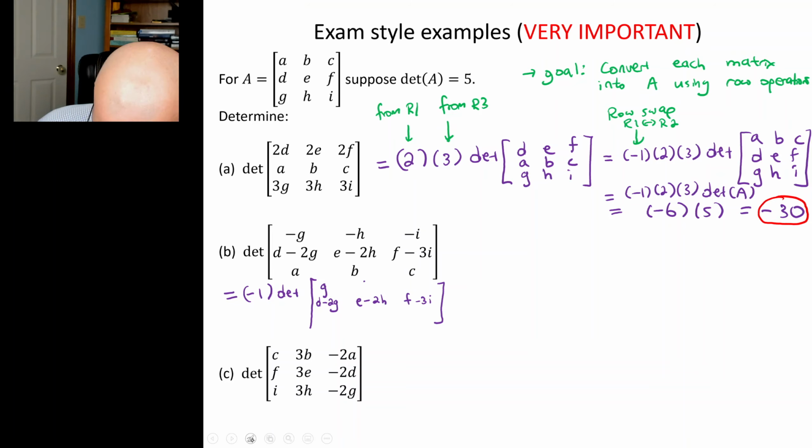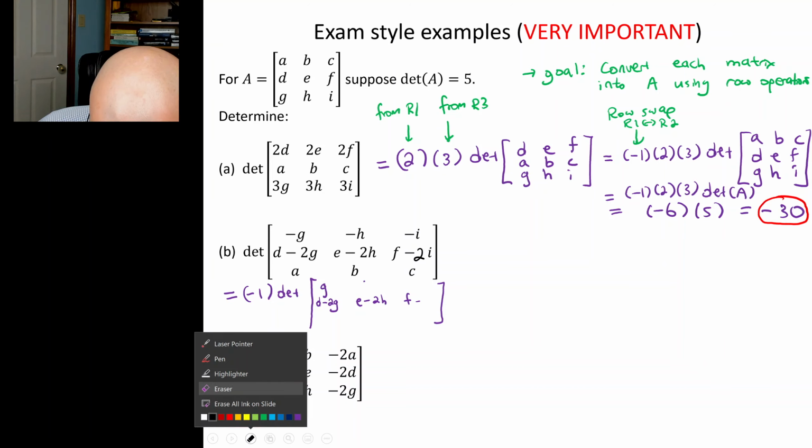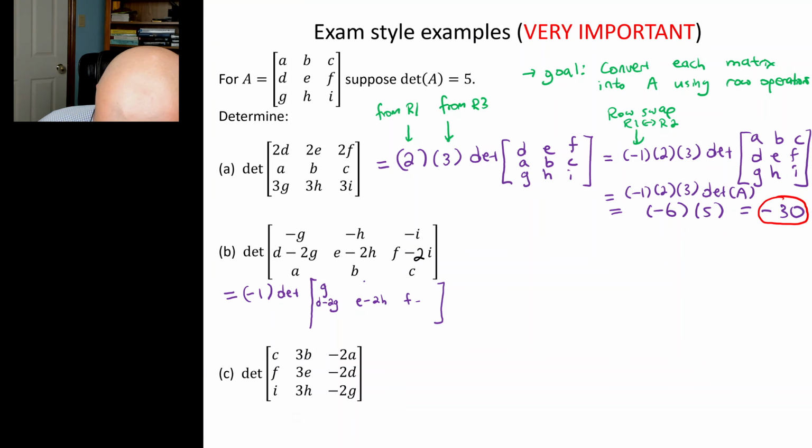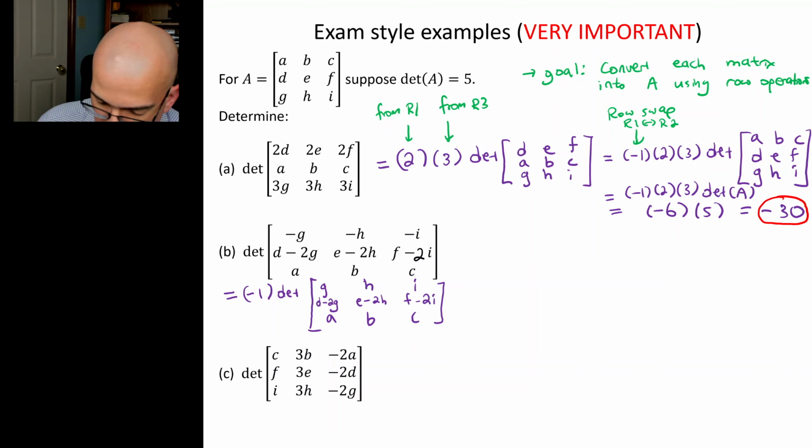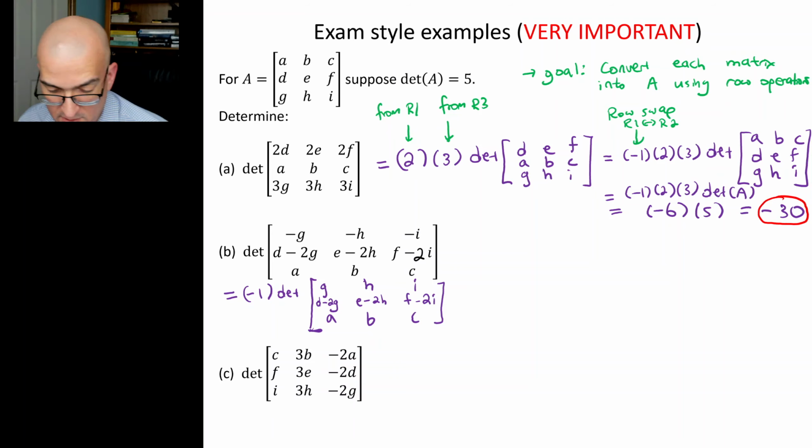Well, this has a typo in it. That 3 is supposed to be a 2. My apologies. Otherwise, we're in big trouble. So minus 2i. And then hi. And then ABC. So all I did there was I took the minus sign out of row 1.